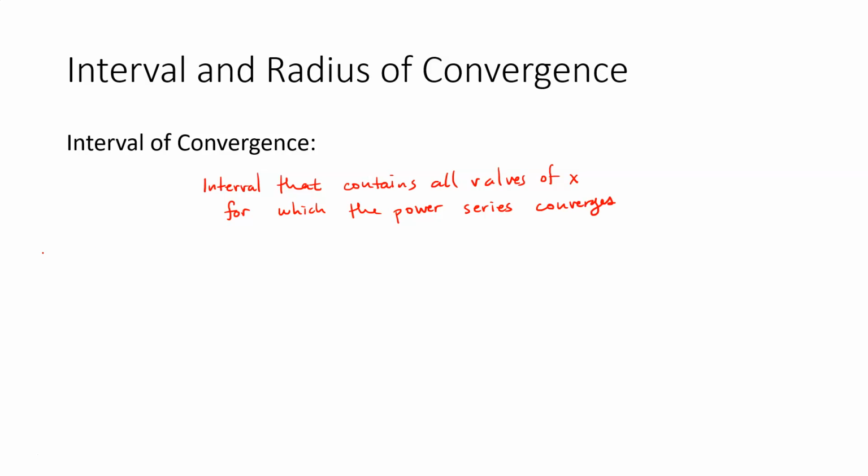So we saw in a couple cases when it converges at a single point that in fact it's not an interval, it's just a single point. Or if it converges for every value of x, then the interval of convergence would be all real numbers, the whole number line from negative to infinity.